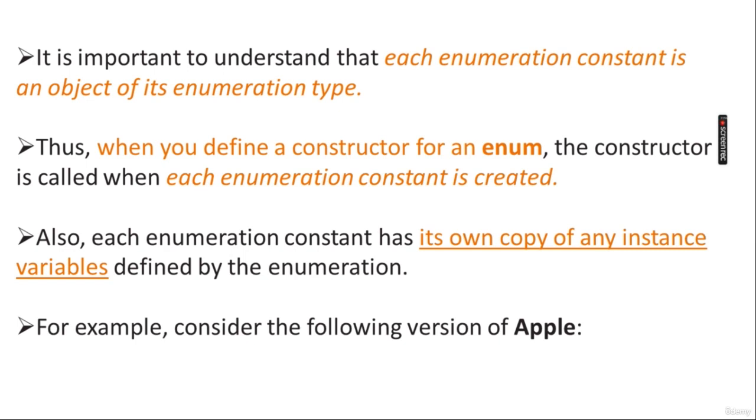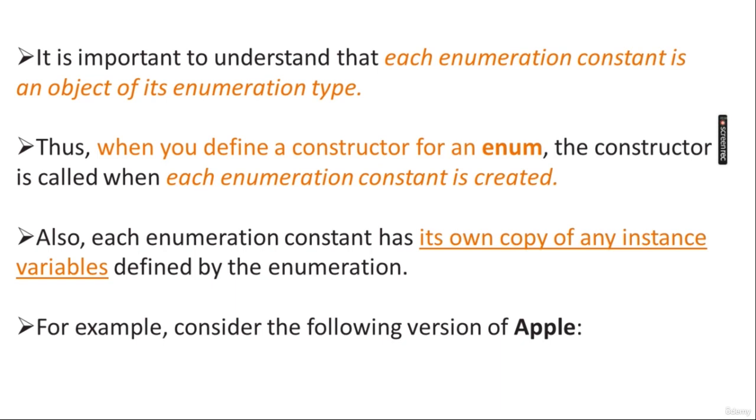Also, each enumeration constant has its own copy of any instance variables defined by the enumeration. Enumeration constants are declared inside the enum type. Like in Apple, we had Jonathan, Golden Delicious, Red Delicious, Winesap, and so on. Those constants will have their own copy of any instance variable.